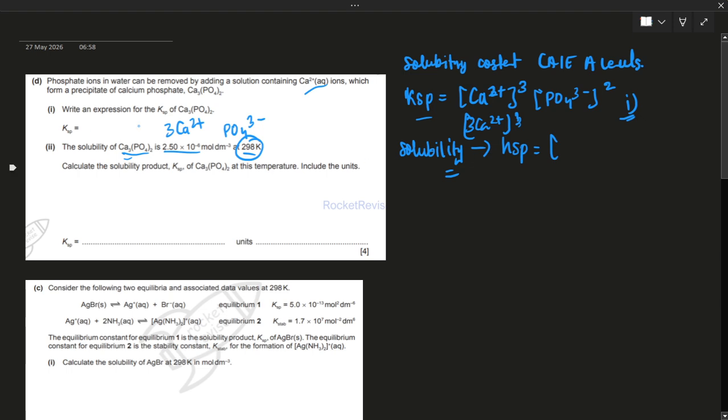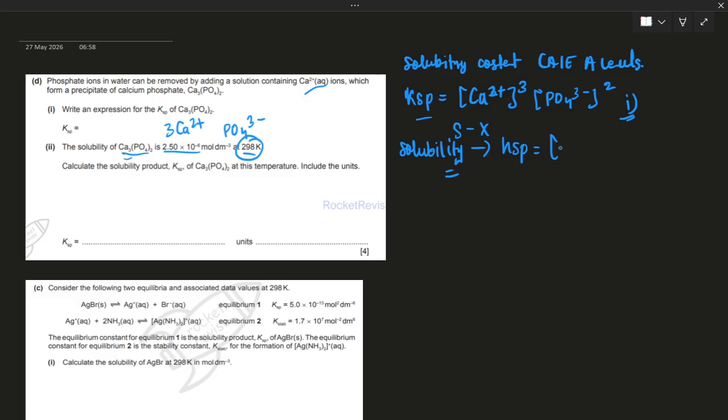Since we don't have individual ion concentrations, we can simplify both of these ions as S, or as X. Basically, make the value of solubility the subject, X or S or any letter. This simplifies the process much more, and we can combine them more easily.